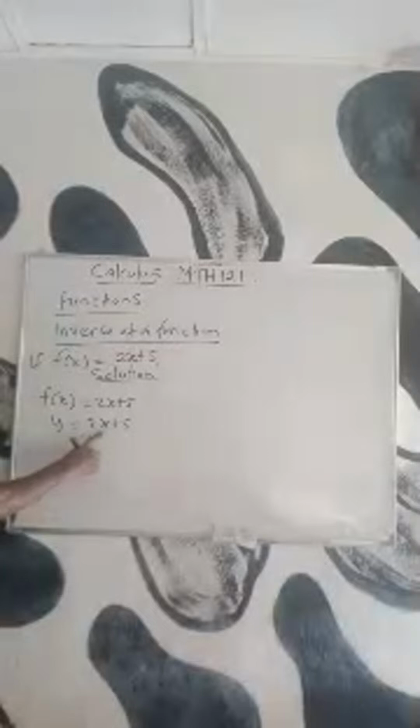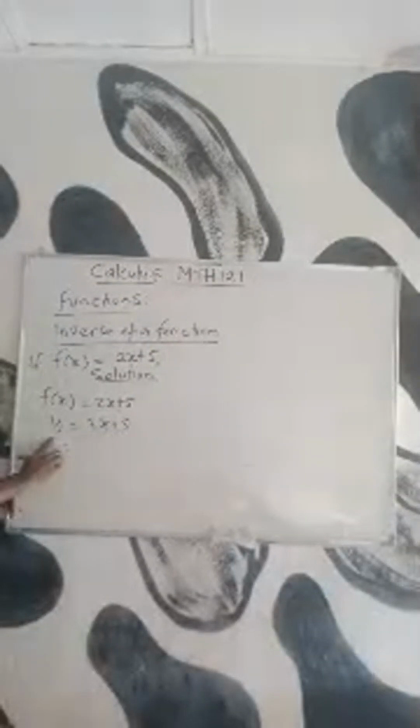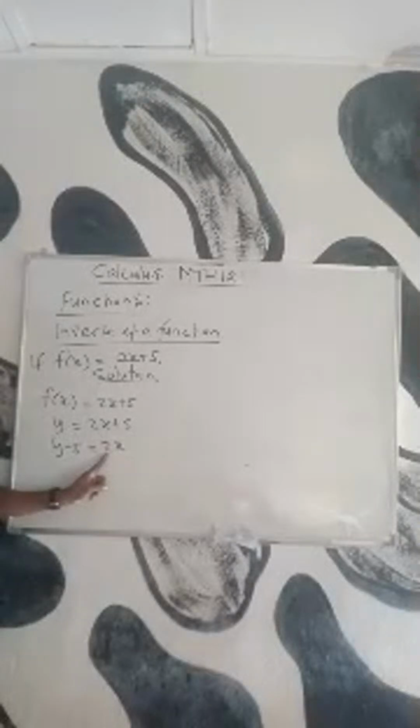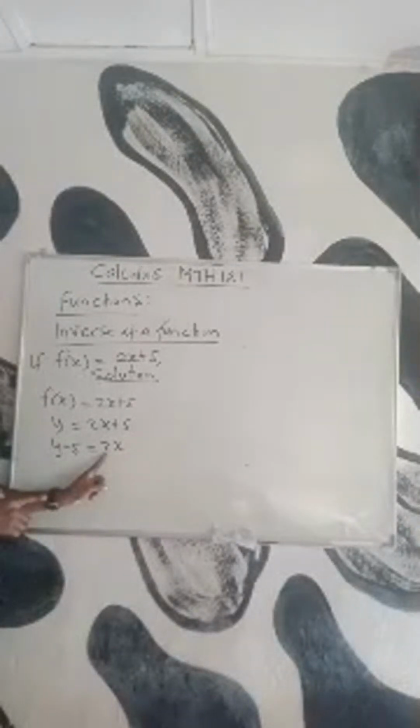Since this has 5, what about 2? So divide both sides by the coefficient of x, which is 2. So x equals y minus 5 all over 2.